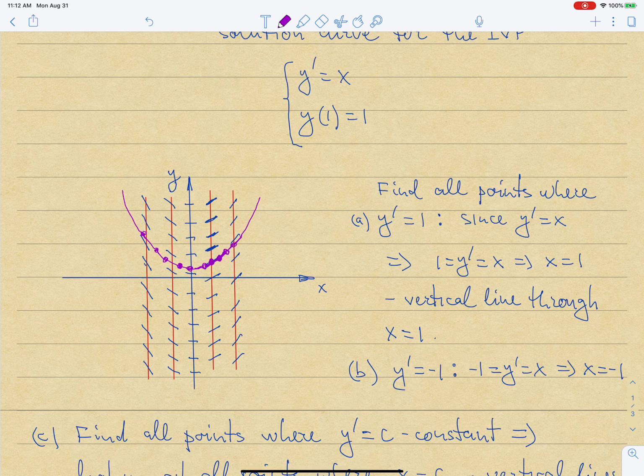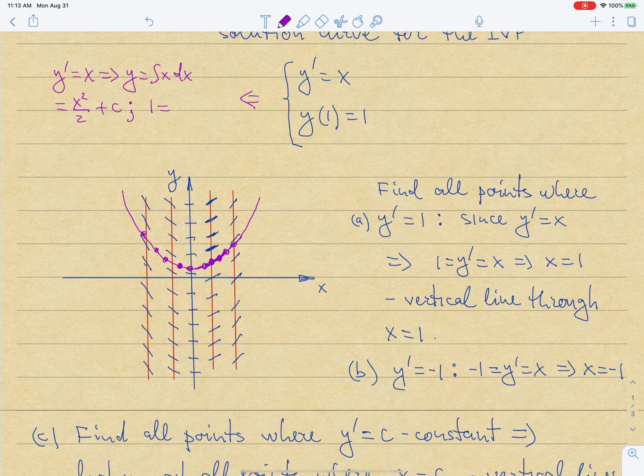But clearly, that solution in this case we can find analytically, so we can verify if our approach is actually working. So if we try to verify it analytically, then what do I know? I know that y prime is equal to x. So if y prime is equal to x, this implies that y is equal to the integral of x dx, which in turn is equal to x squared over 2 plus a constant. And then we have the initial condition, y of 1 is equal to 1.